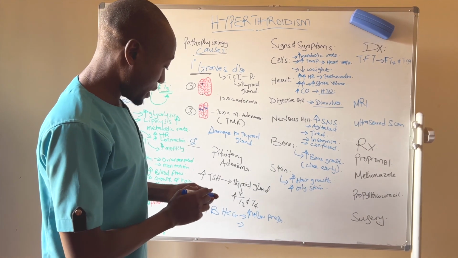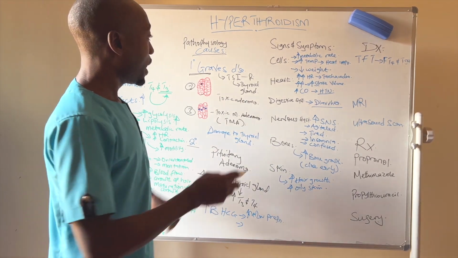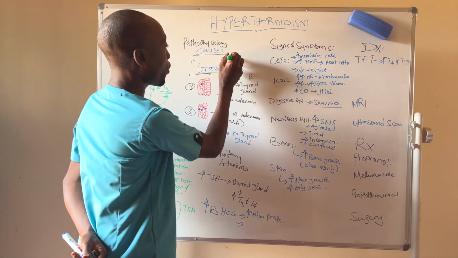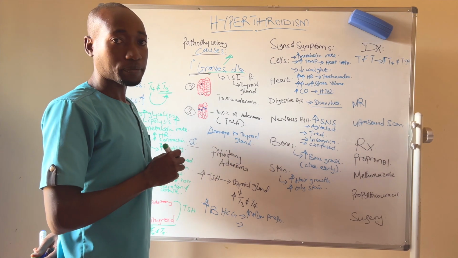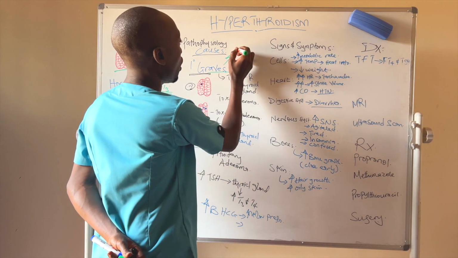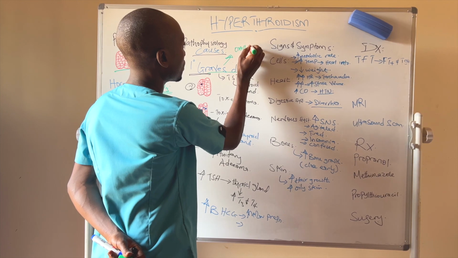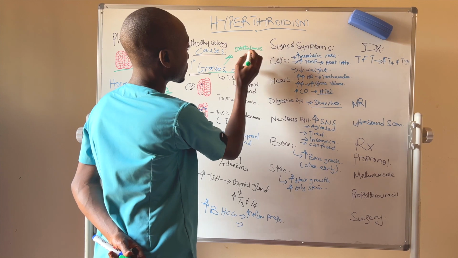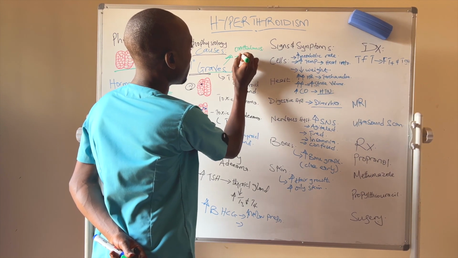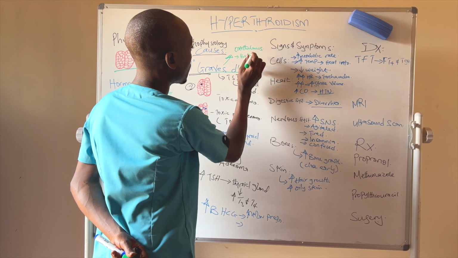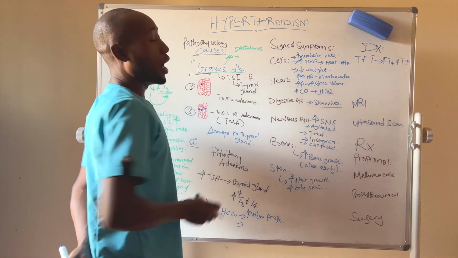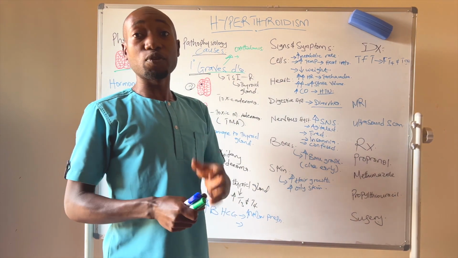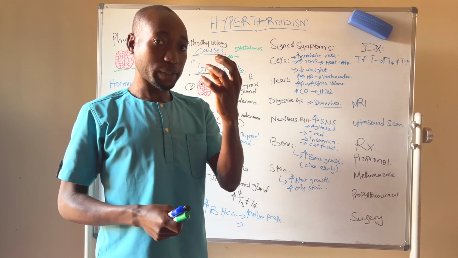Something that I need to clarify is with Graves' disease. Now, Graves' disease has its own classical presentation. There's what we call exophthalmos. Let me first explain this. Now, what happens in people with Graves' disease is that you find that the eyes are actually protruding.